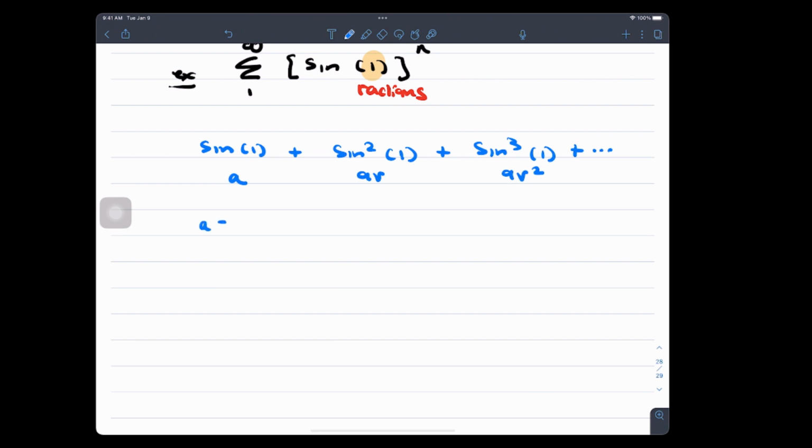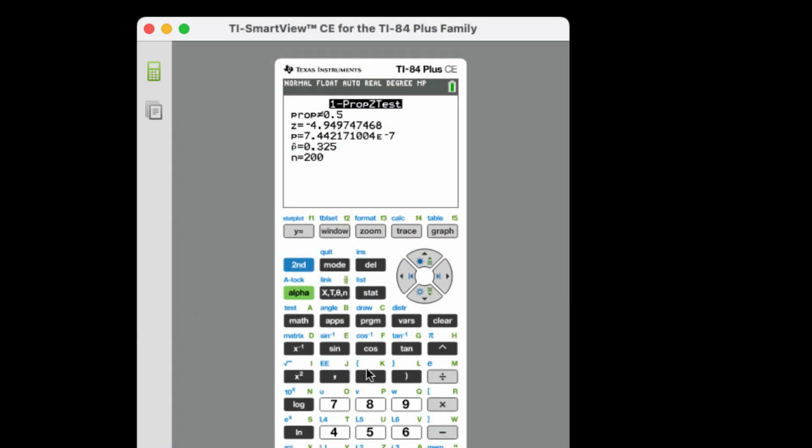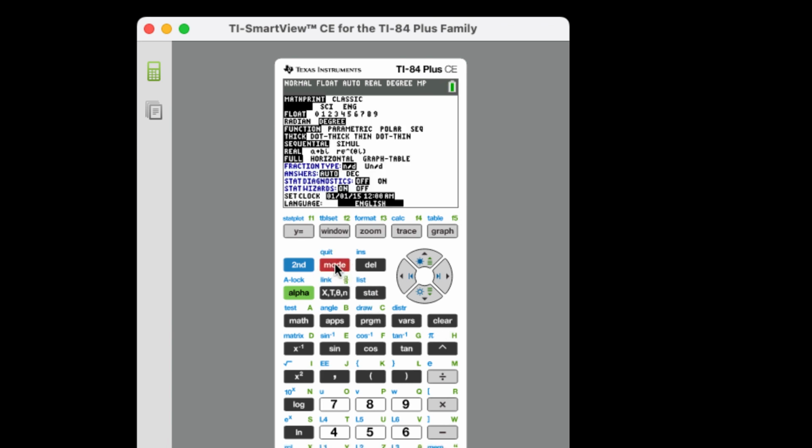Your A is sine of 1. AR is sine squared of 1. What does that mean R has to be? R is the same as sine of 1. Okay? And so if you have the absolute value of sine of 1, which is R, being less than 1, you have convergence. Now, what is sine of 1? If I go to my TI here, I've got to make sure my mode is in radian measure.